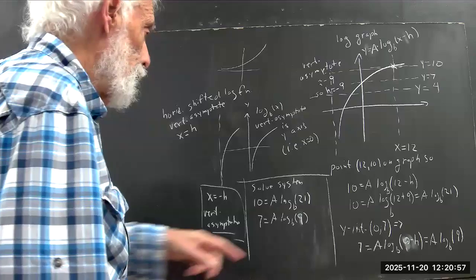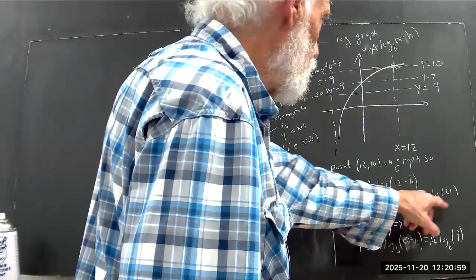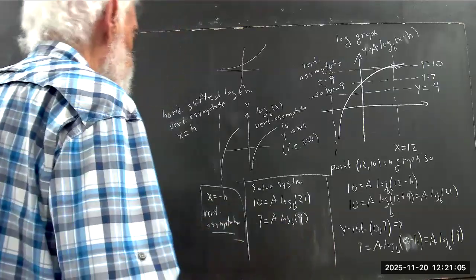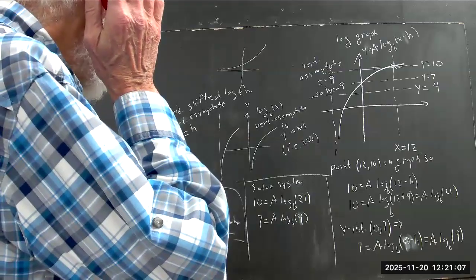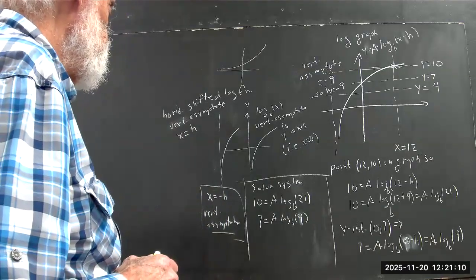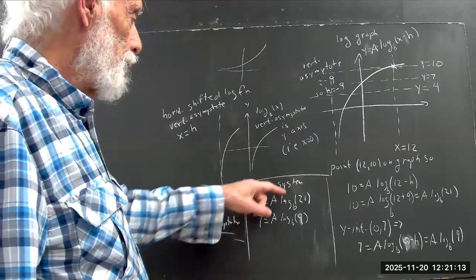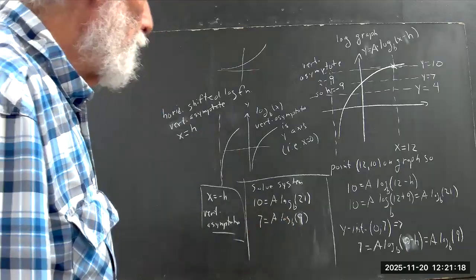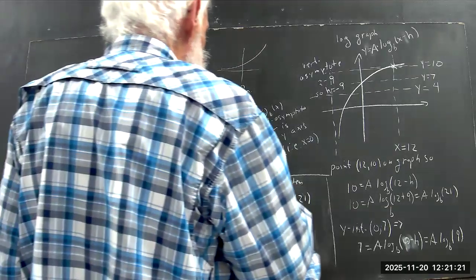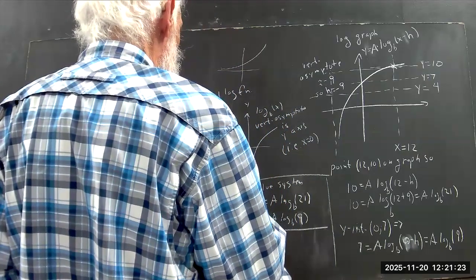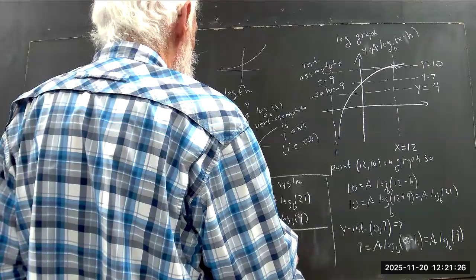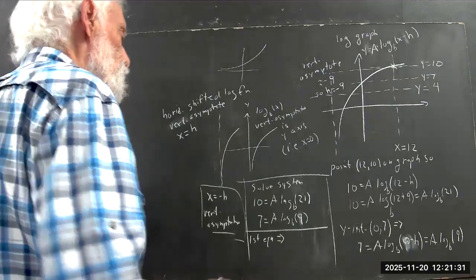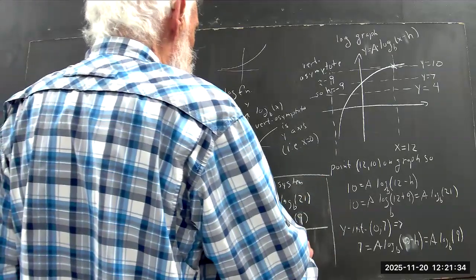Okay. So this equation is 10 equals a log base b of 21. This equation is 7 equals a log base b of 9. Now we solve these equations. I like to divide this equation by this equation, which eliminates a and allows us to solve for b. But since your method of substitution has been kind of emphasized, we're going to solve for a.